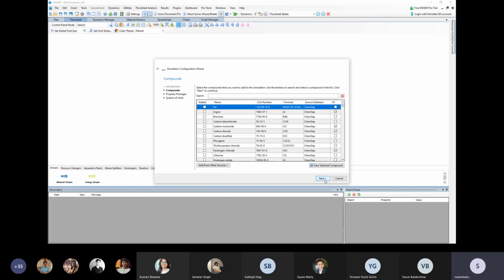Last class we took sulfuric acid and water. Although sulfuric acid and water is a miscible liquid mixture, usually the mist formation is significant when you heat sulfuric acid and water.